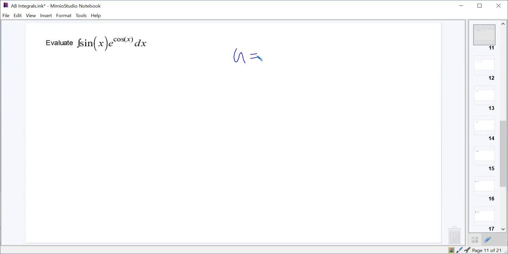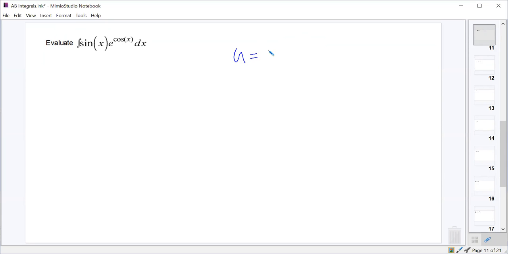What is the more complicated piece of this? Is it the sine x or is it the e to the cosine x? E to the cosine is more complicated than sine. So we want to try to substitute out the part that makes it complicated.